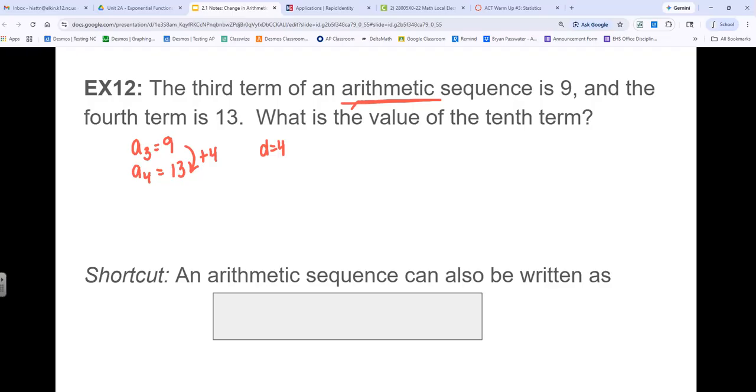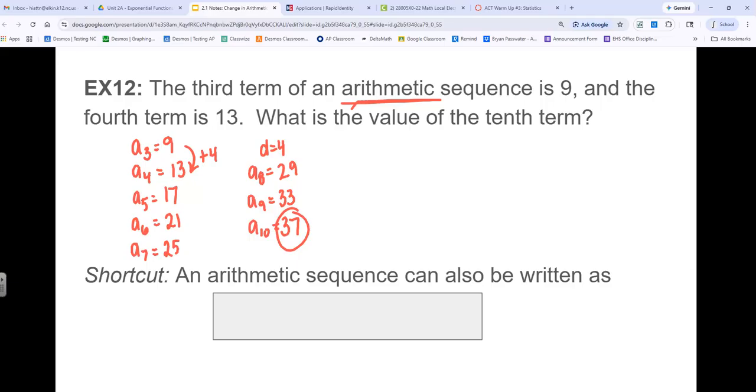So if I want to know the 10th term, one option is to just do a sub 5 equals, we're going to add 4, 17. A sub 6, add 4 more, 21. A sub 7, 25. A sub 8, we get 29. A sub 9, we get 33. And a sub 10, add 4 more, we get 37. And that'll be our answer.